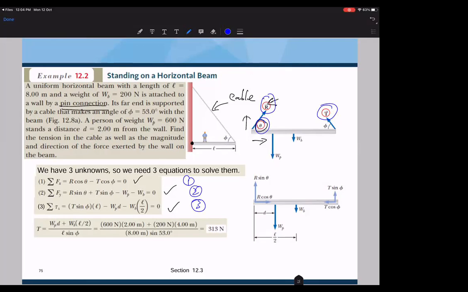Of course, here you have a pin connection, and this pin connection would be providing various forces, not just in the horizontal sense, but in the vertical sense. Whether it is necessary or not, at the end you could calculate.